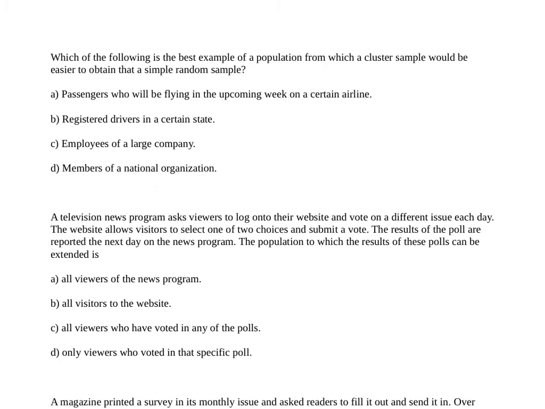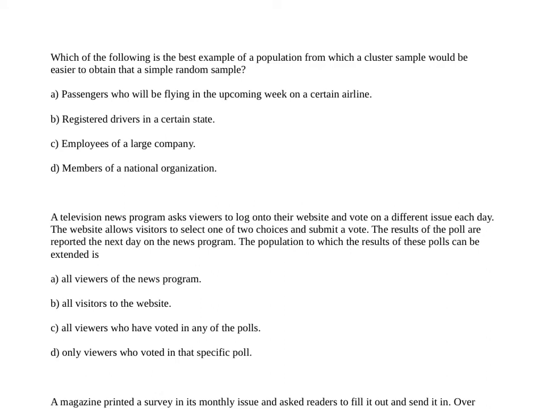So we're looking for a cluster sample, which is different from a simple random sample in that a cluster sample usually has an easy way to subgroup the population so that that subgroup is representative of the whole population. Okay?